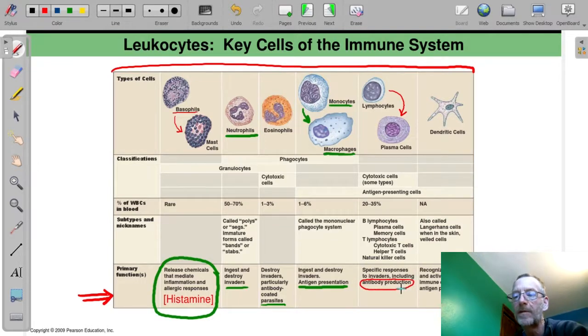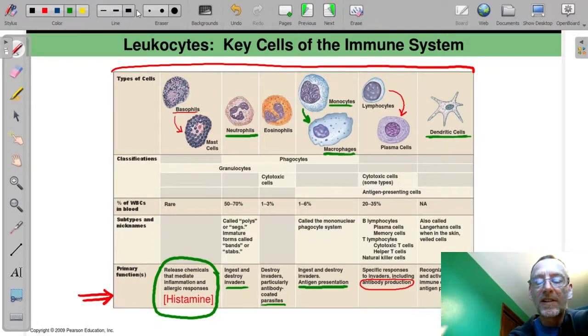So those are lymphocytes. And we also have dendritic cells that are off in the skin, epithelial membranes, and they are involved with antigen presentation also. So there's a quick overview of where we're headed.